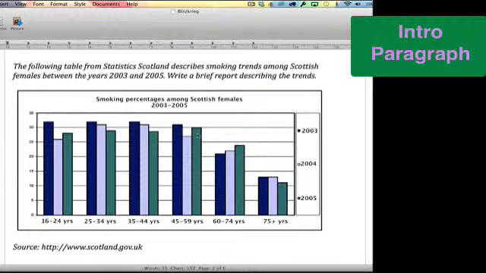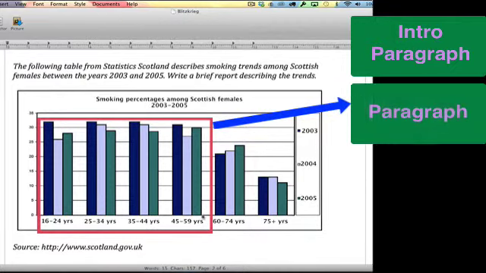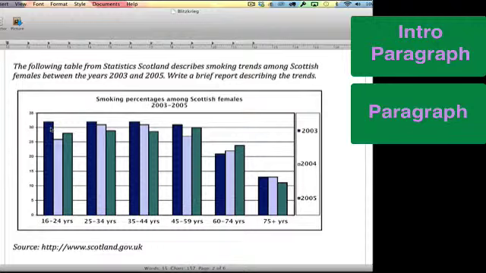So an idea might be to write a paragraph that describes the information we see in these four age groups, because we can group the 2003 figure into a single sentence. And then we can describe the 2004, and 2005 actually is also very logical. It's almost the same between 16 and 44 years of age. So it makes logical sense to perhaps group these four age groups into one paragraph and describe them that way.